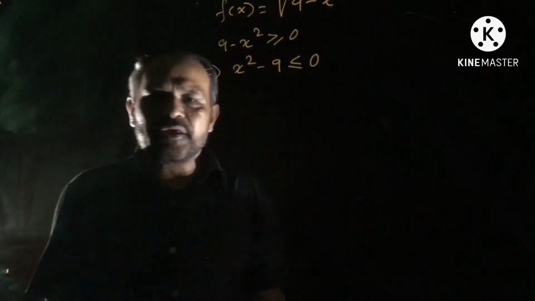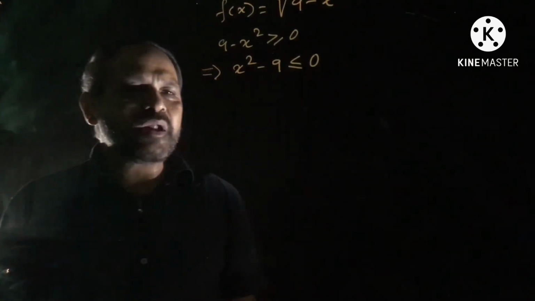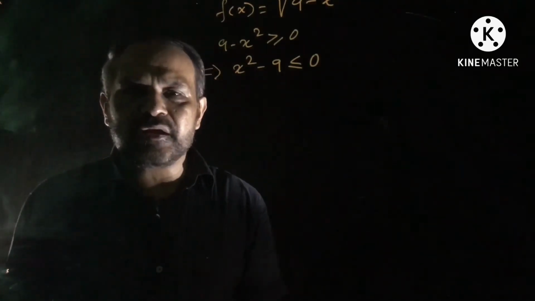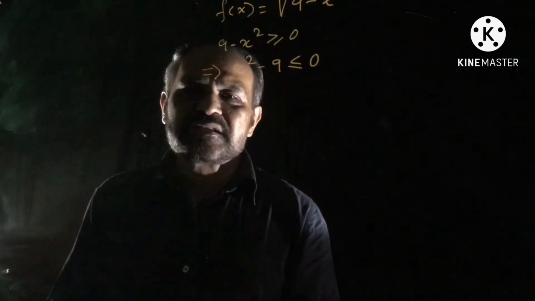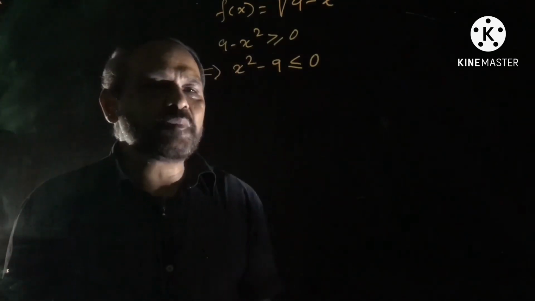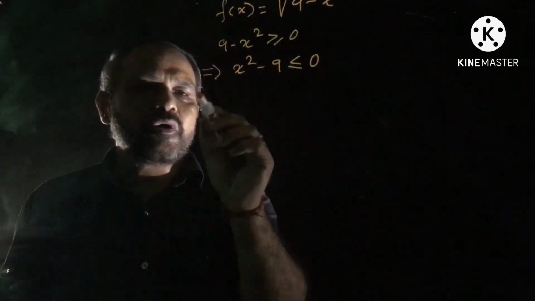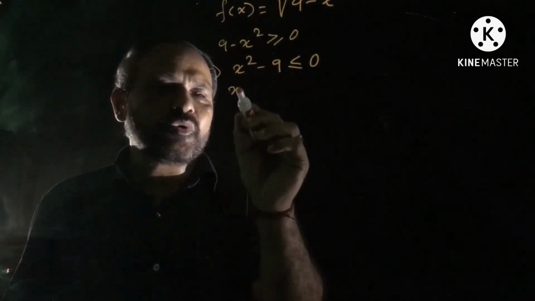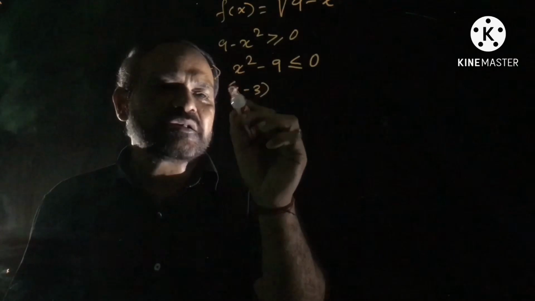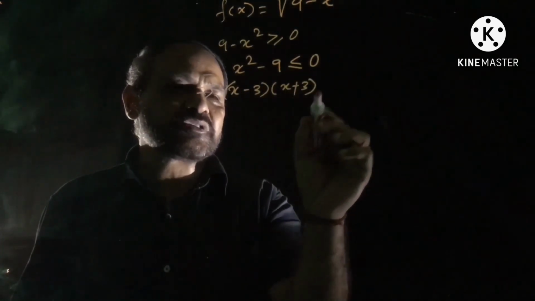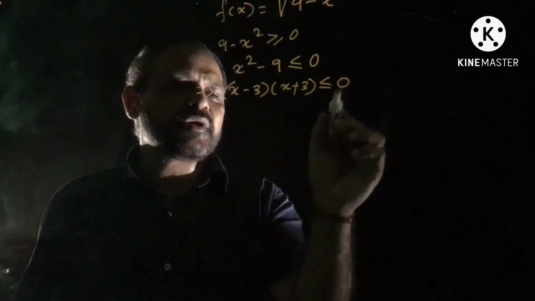We know that if we multiply both sides of an inequation by minus 1, the sign will change. On factorization, x square minus 9 is equal to (x minus 3)(x plus 3), which is less than or equal to 0.